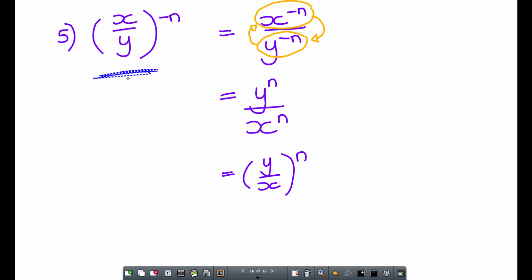What did we start with? X over y. What did we end with? Y over x. So you do not have to do all these steps in between. When it's inside a bracket and it's a negative exponent, all you've got to do is make the exponent positive, and that means the 2 inside the bracket will switch around.